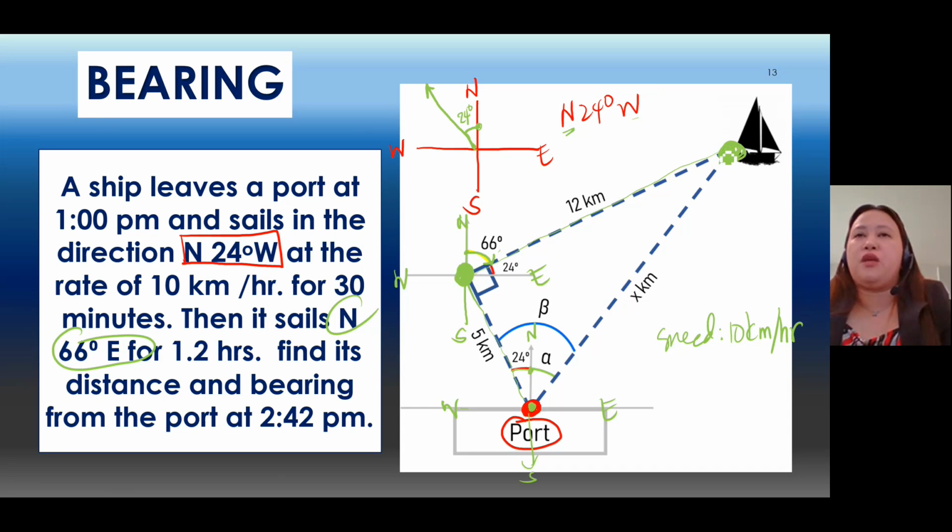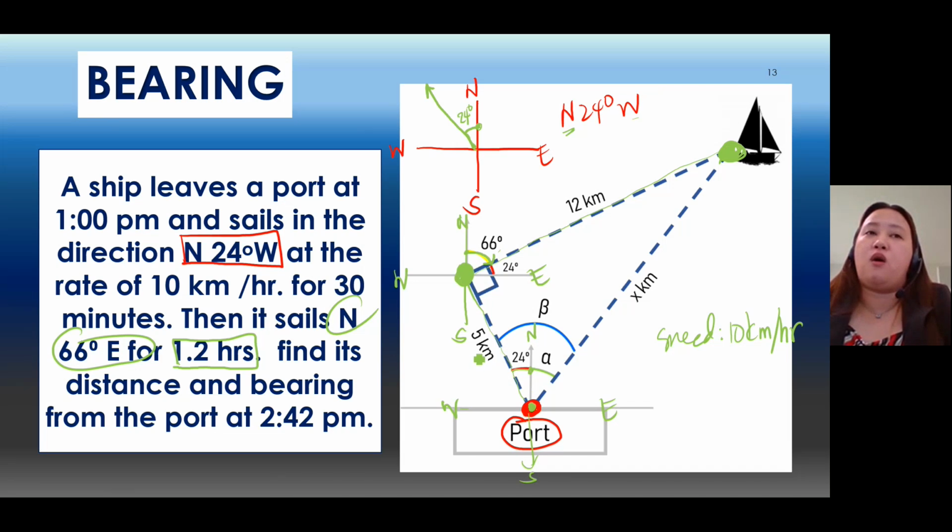So from the second point going to the third point, you again need to determine the measurement. In the problem, it is mentioned that the ship sailed for 1.2 hours with a speed of 10 kilometers per hour. So you just compute it.